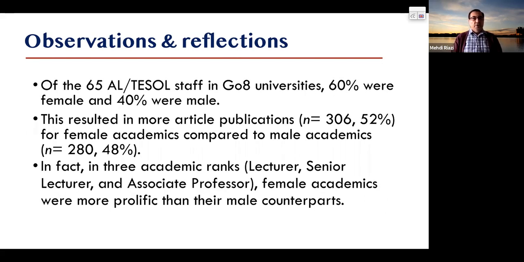The other observation is that of the 65 Applied Linguistics and TESOL academics in group of 8 universities, 60% were female and 40% were male. This resulted in more article publications by female academics compared to their male colleagues. And in fact, in 3 academic ranks, lecturer, senior lecturer, and associate professor, female academics were more prolific than their male counterparts.